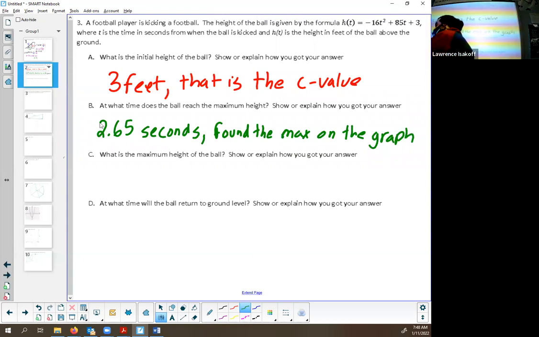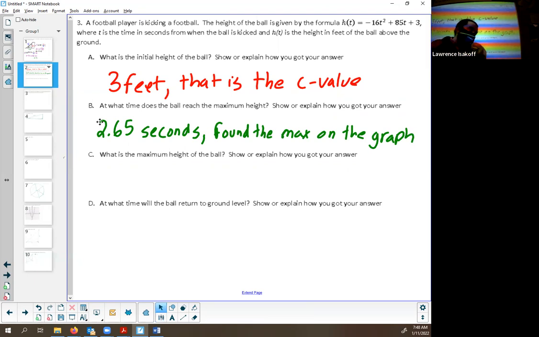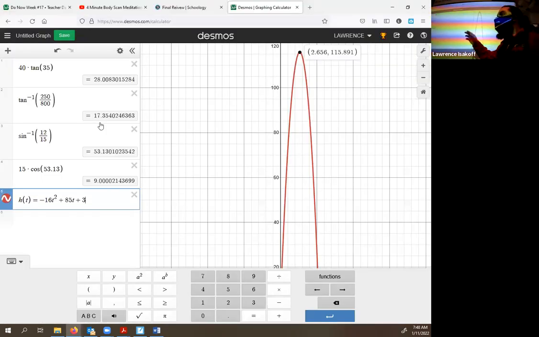Now, for the maximum height, if I were kicking a football up in the air and it goes up 100-something feet, that makes more sense than it only going up 2 feet in the air, right? So using a little bit of common sense, it makes a lot more sense that 115 is how high the ball goes up in the air.